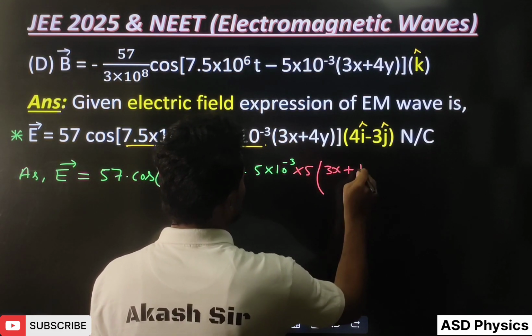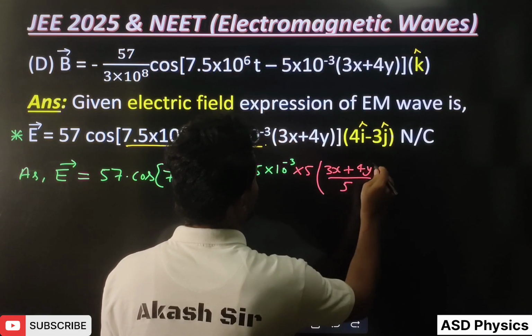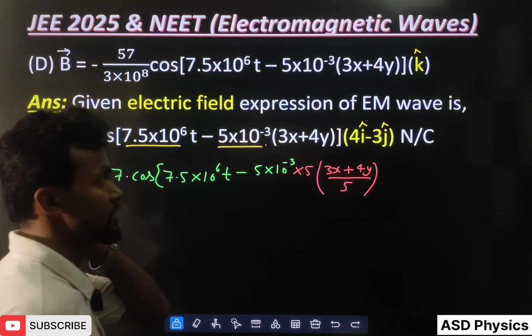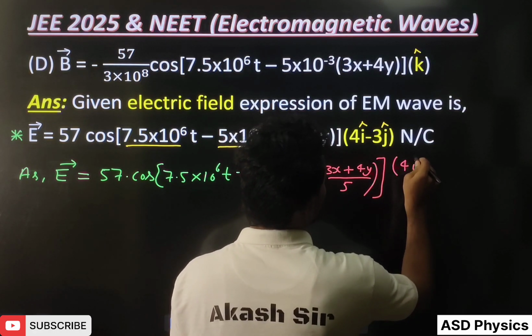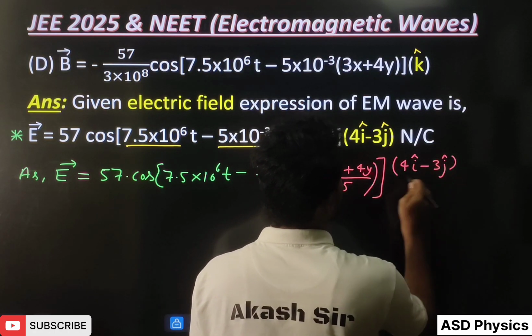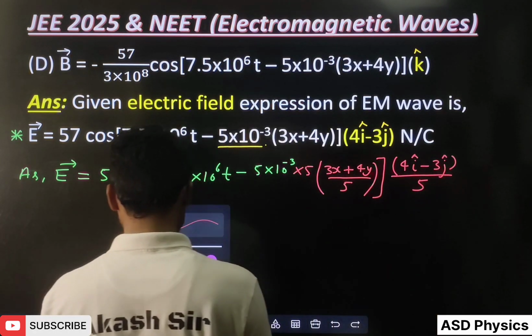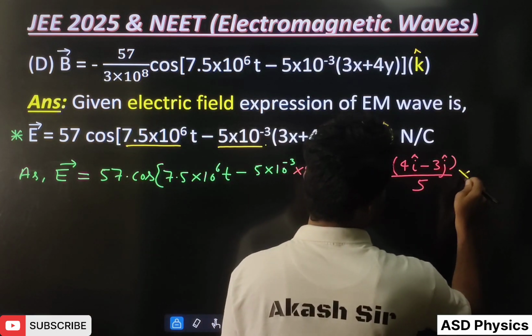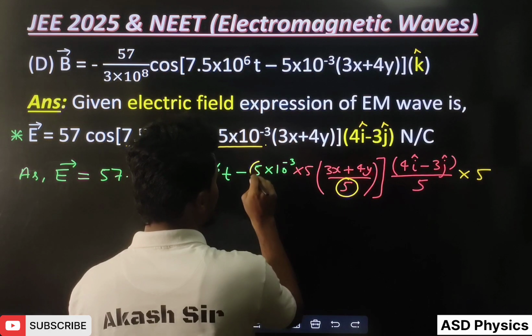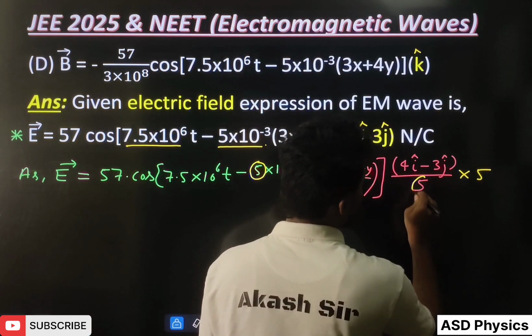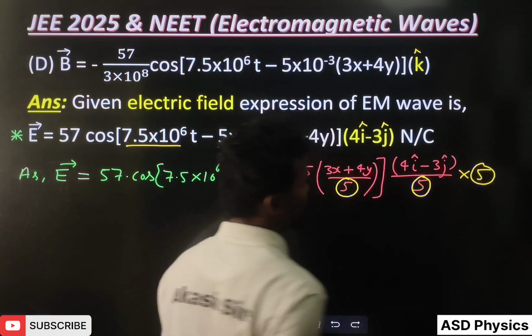So 3x plus 4y by 5, and after that 4 I cap minus 3 j cap by 5. Now we are going into a basic here, into 5, because I have divided with 5, here I have multiplied with 5. Here I have divided by 5, here I have multiplied with 5.